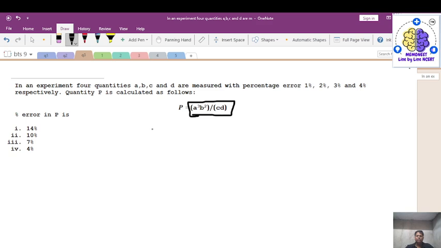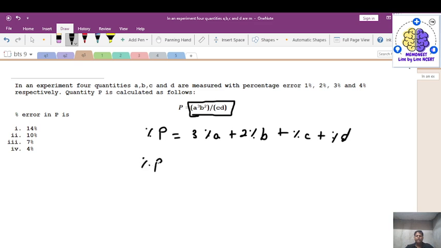What I want to say is that the percentage error in P will be equal to 3 times the percentage error in A plus 2 times the percentage error in B plus the percentage error in C plus the percentage error in D, right? This is how we calculate the percentage error.